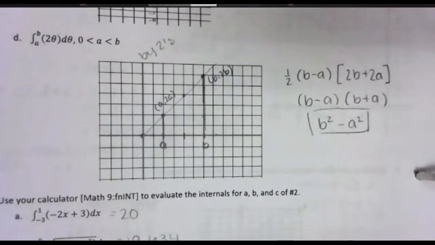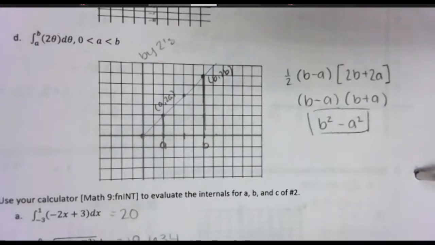The height of the graph at a is 2a, and the height at b is 2b. Once again, we have a trapezoid. So it's 1/2 the height, which was b minus a, times the height at a plus the height at b, which was 2a plus 2b.